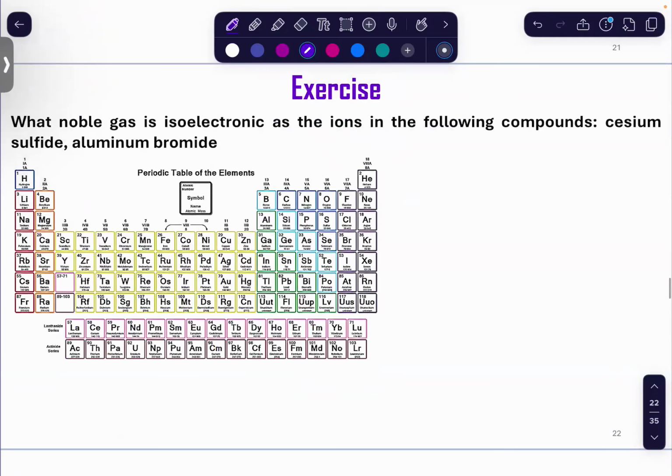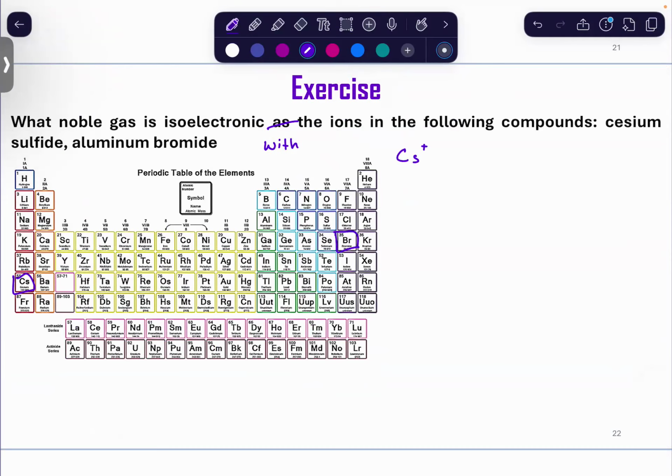So here's a question. What noble gas is isoelectronic with the ions in the following compounds? Cesium sulfide, aluminum bromide. So what's cesium sulfide? Cesium is in group 1, so that's going to be a +1.